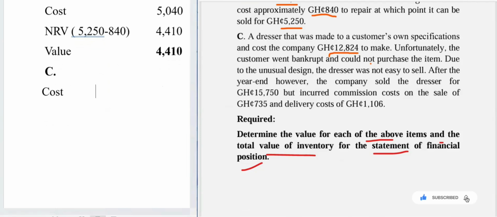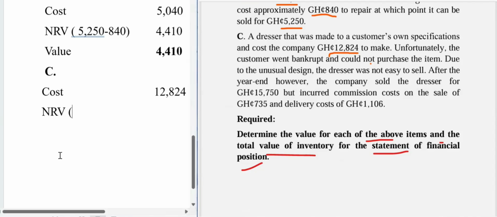So the cost is 12,824. Then the net realizable value, our NRV: we have the selling price, then less the cost to sell. In this question, we have two costs to sell, the commission cost of 735 and the delivery cost of 1,106.